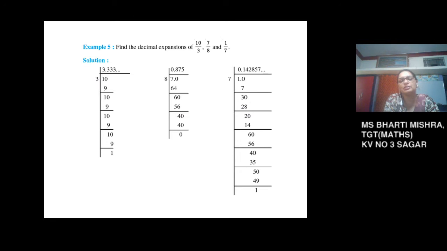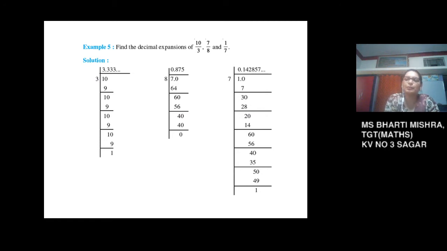After 3 stages of division, we get the remainder 0. Now this was decided by the denominator 8 because 8 can be written as a power of 2. In class 10th you will be studying how, on calculating the prime factors of the denominator, we can decide whether a number is a terminating decimal or a non-terminating decimal.